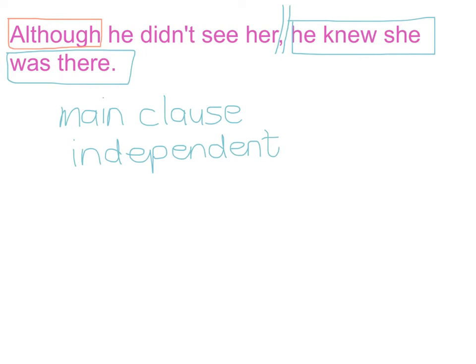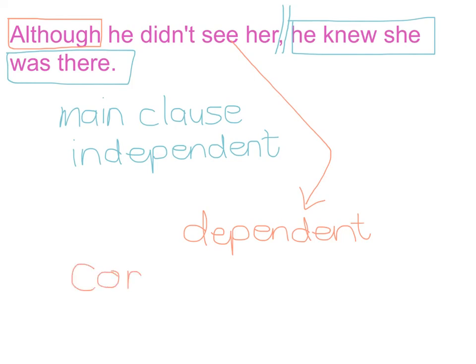Because this clause starts with a subordinating conjunction, although he didn't see her is changed, and the clause has suddenly become dependent. Now, when I have a dependent clause and an independent clause, together they make a complex sentence.